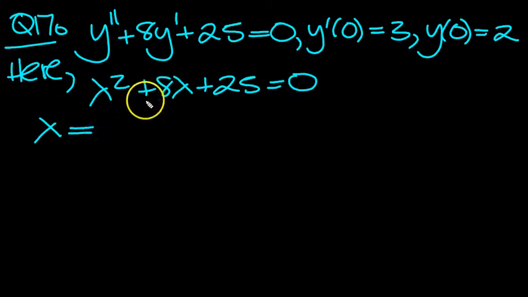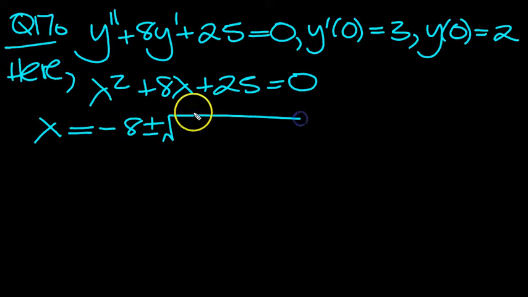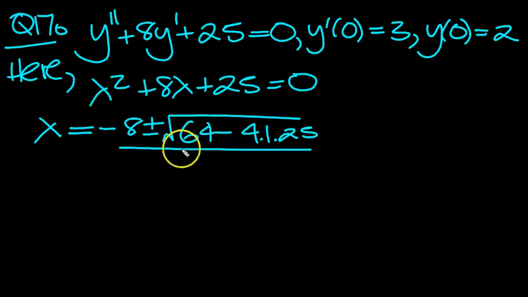Lambda equals minus b, so that's minus 8, plus or minus the square root of b squared, which is 8 squared, so that's 64, minus 4 times a, which is 1, times c, which is 25, all over 2 lots of a, which is 1. So we end up with minus 8 plus or minus the square root of 64 take away 100.